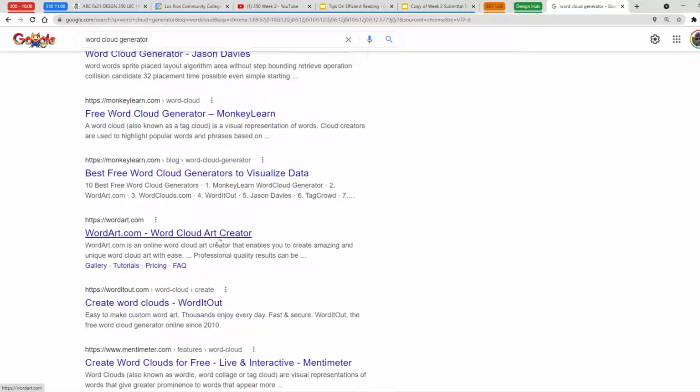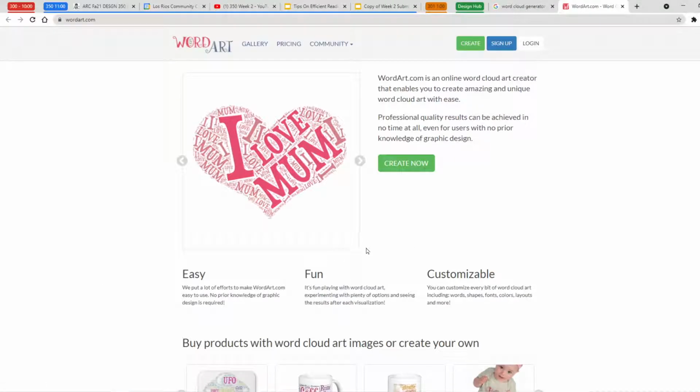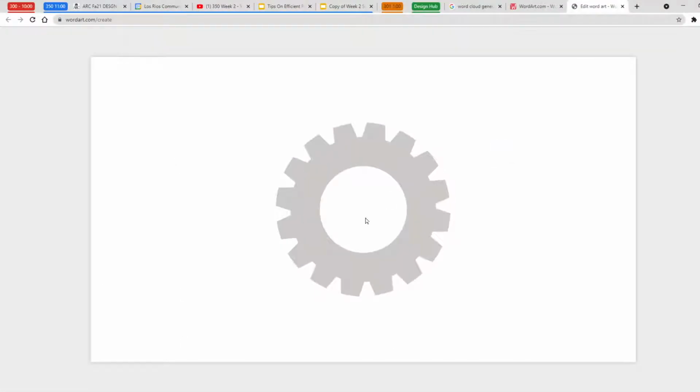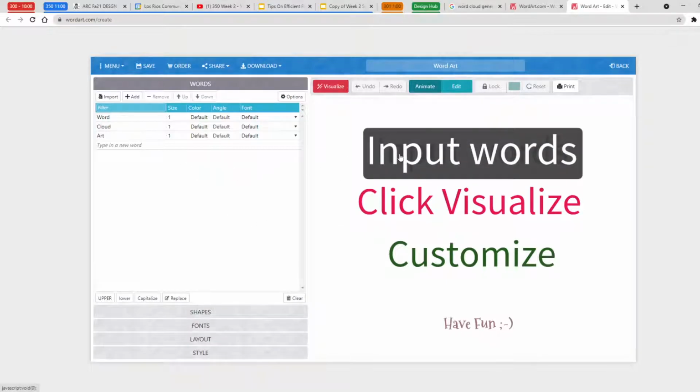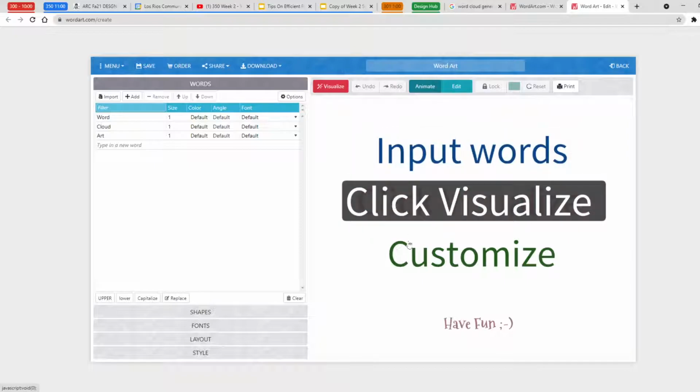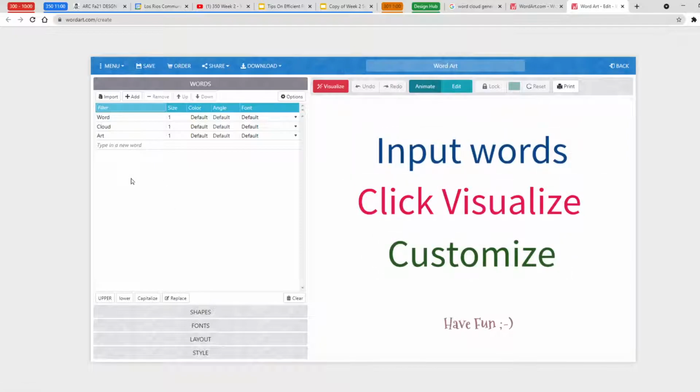There we go. So let me go to the input word. Type in a new word.